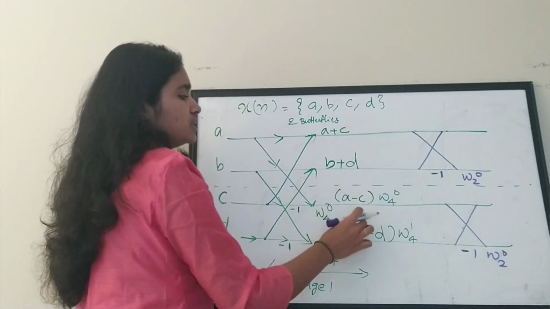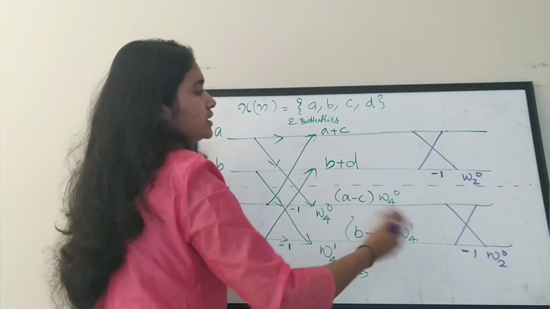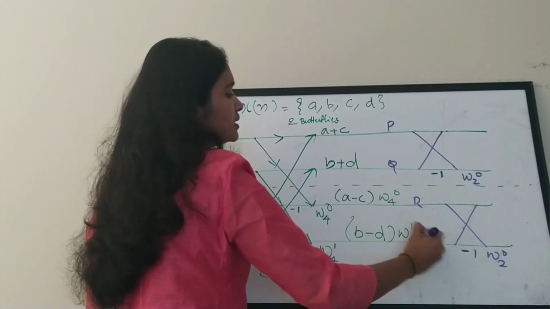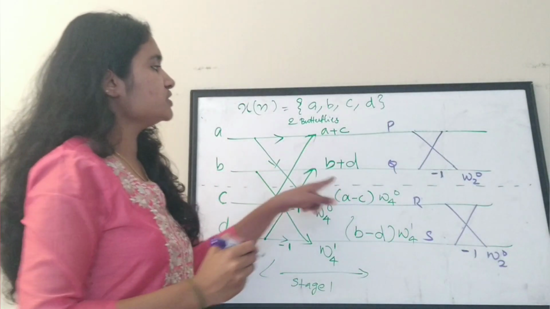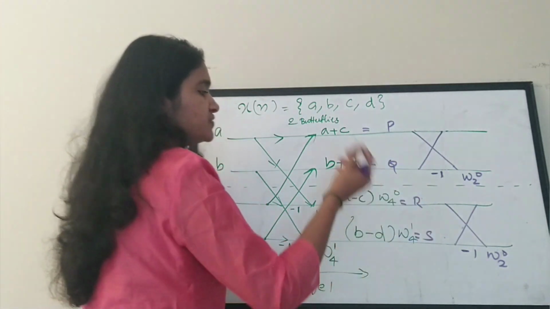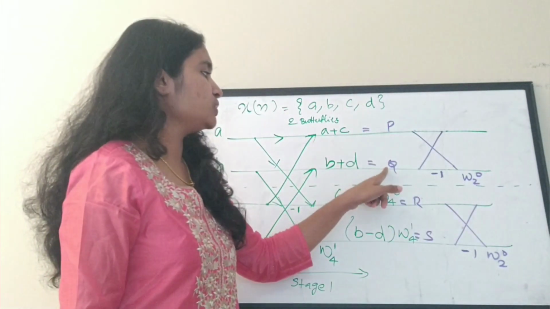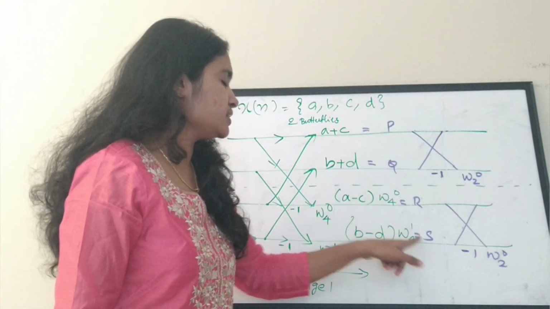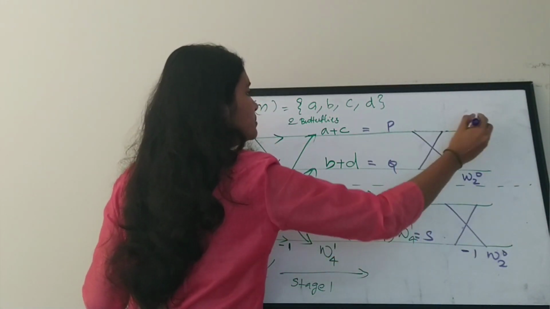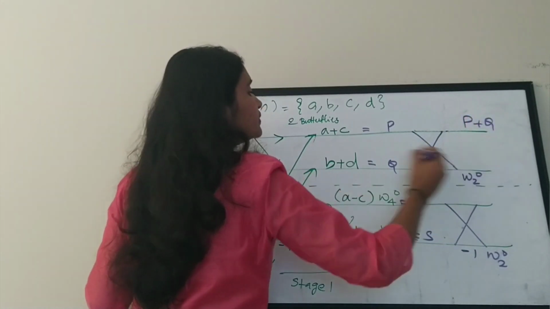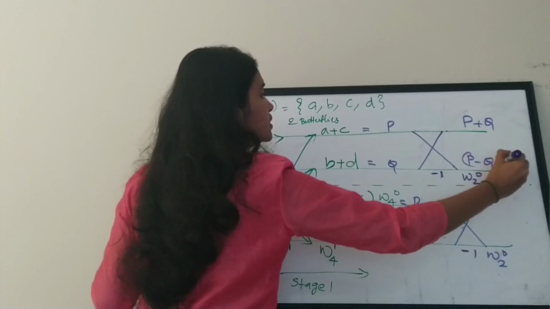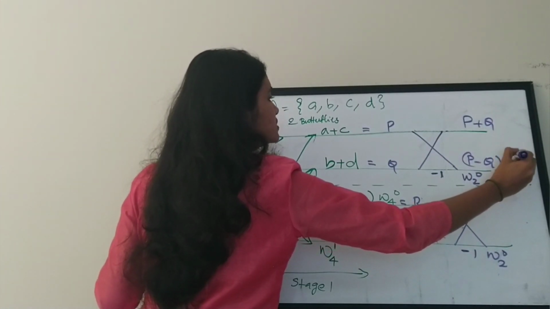So let us take that the outputs coming on this side are P, Q, R and S. For the sake of simplicity, I have taken it as P, Q, R and S. And what is the output here? For the upper branch it is P plus Q. For the lower branch it is P minus Q into W2 raised to 0.